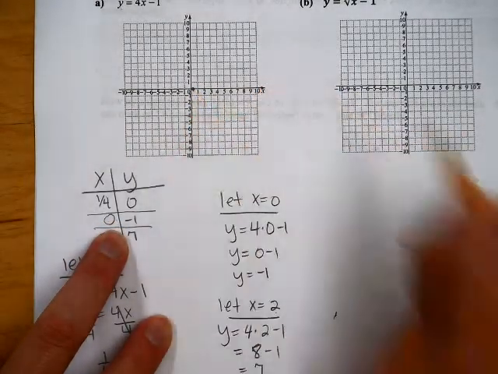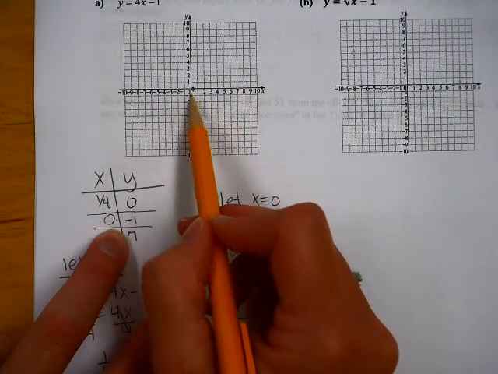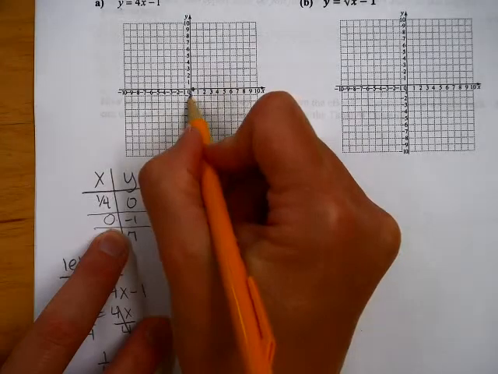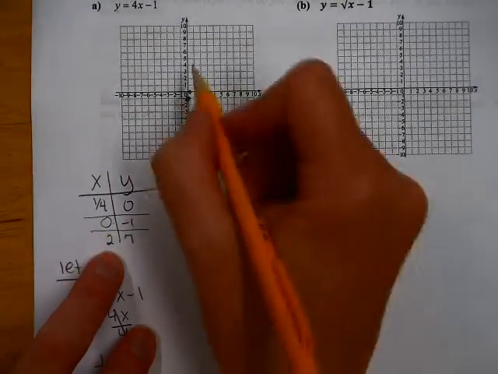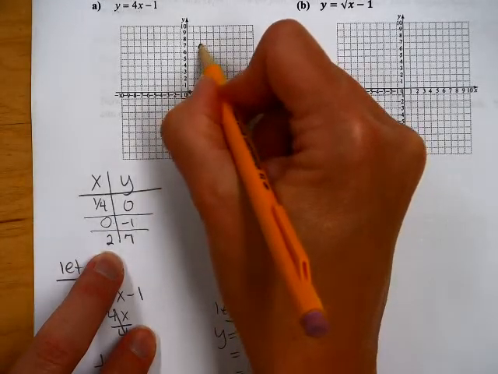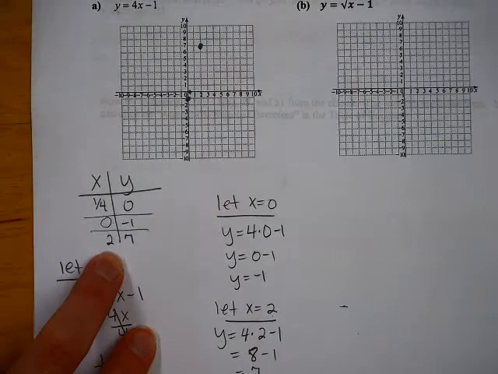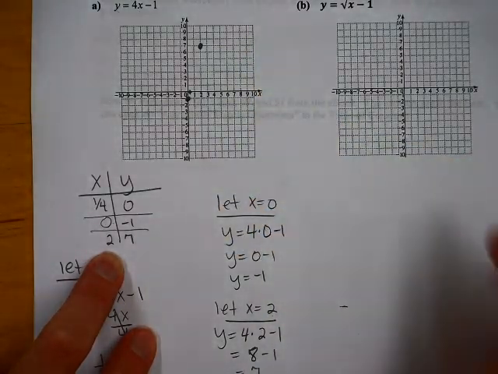Now I need the point (0, -1). x is 0, y is negative 1. So this time we are on the y-axis. Now x is 2, y is 7. So there's that point. Hopefully you can see that when I draw a line between these points, it will just give me a straight line. So let's do that.